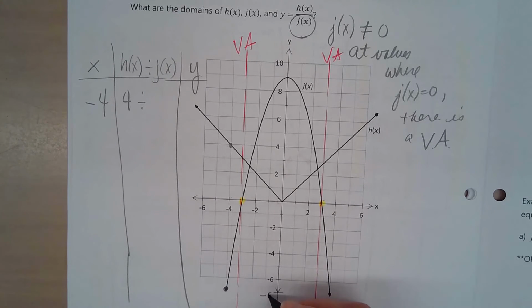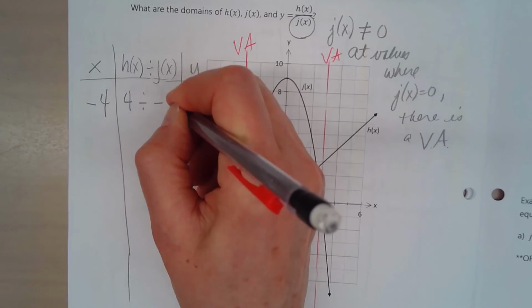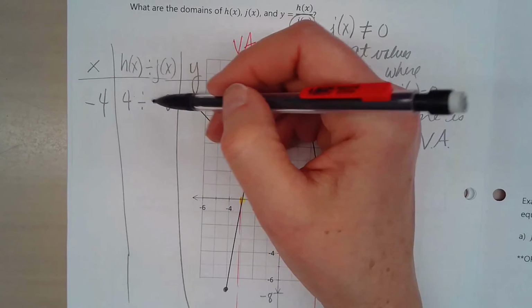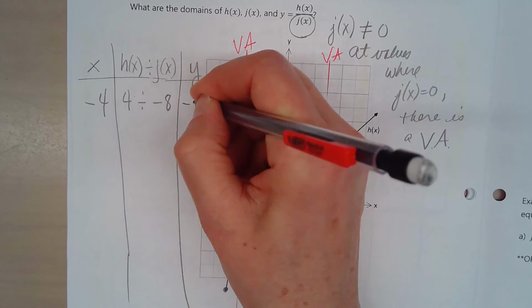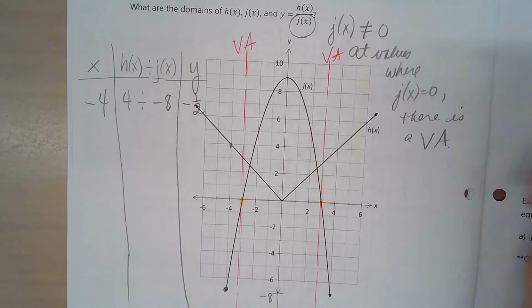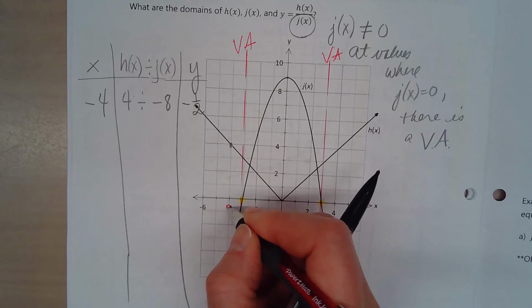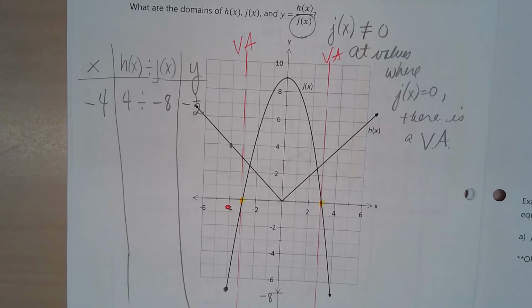Let's cheat a bit and say it's -8, okay? So 4 divided by -8, I have a y value of -0.5, right? So at -4, my new graph is -0.5. So that means it's right here.